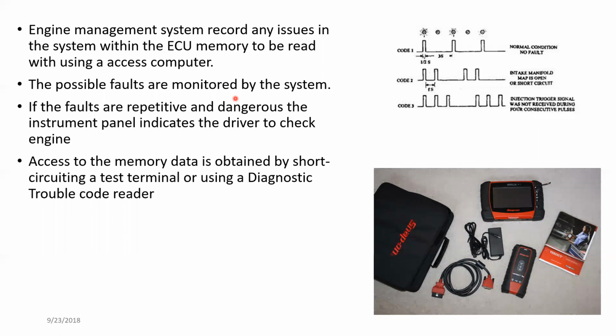First is the ECU. Once the ECU finds errors, it stores them. The stored errors can be read with a dedicated computer, known as a DTC reader, the diagnostic trouble code reader, or you can just use the check engine light and, by how it flashes on and off, similar to the image shown here, find out what the problem of the vehicle is.